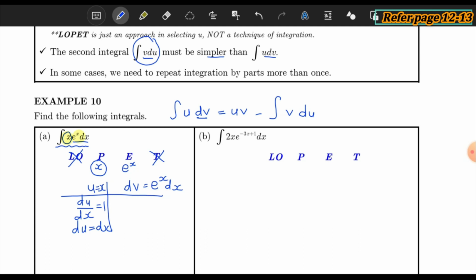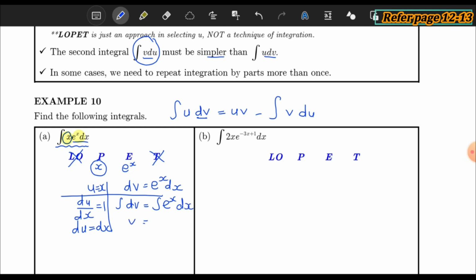And for v, if we refer to the formula, we have u times v. Meaning that from dv here, we need to find what is v. Therefore, we need to integrate both sides. Integrate dv equal to integrate exponent x dx.